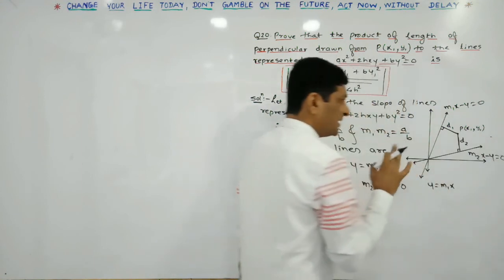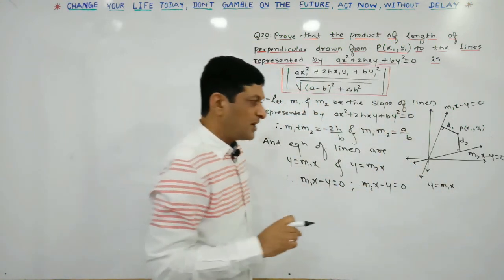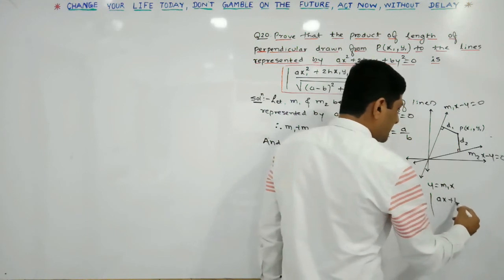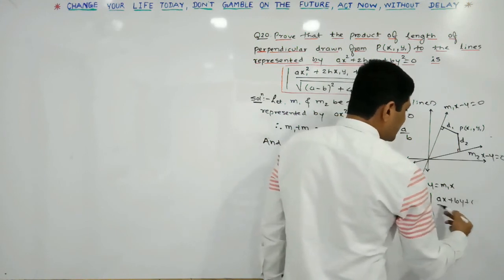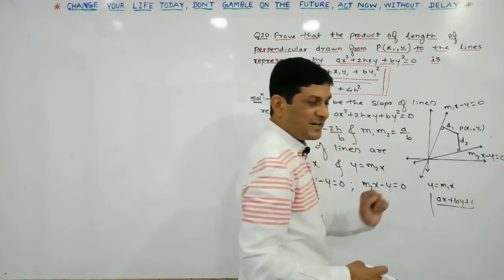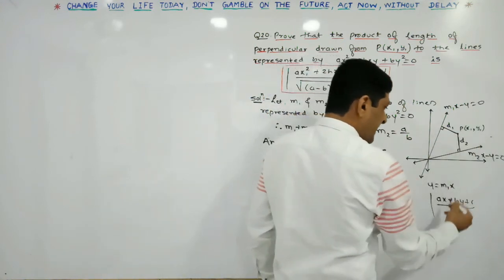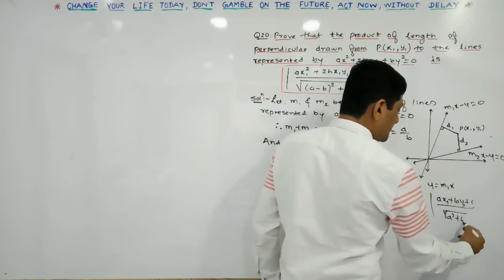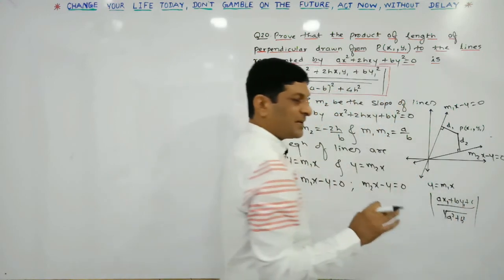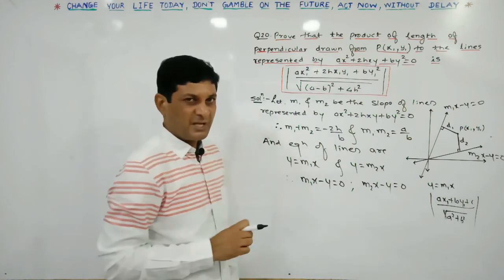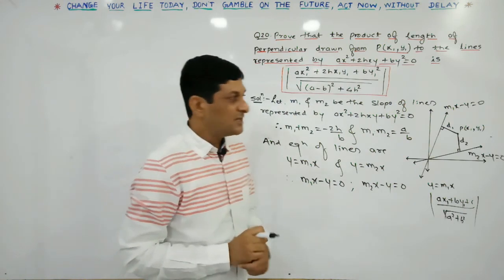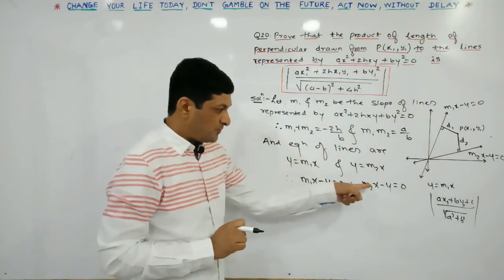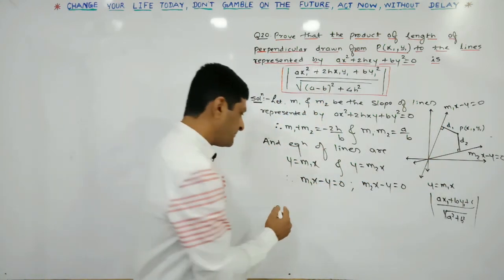Now we have one formula to find the distance of a point from a line. If the equation of the line is ax plus by plus c is equal to 0, then in the numerator write the same equation, only replacing x by the x coordinate and y by the y coordinate, divided by the square root of a square plus b square. This formula is applicable to find the distance of a point from a line. We apply the same formula here to find these two distances.